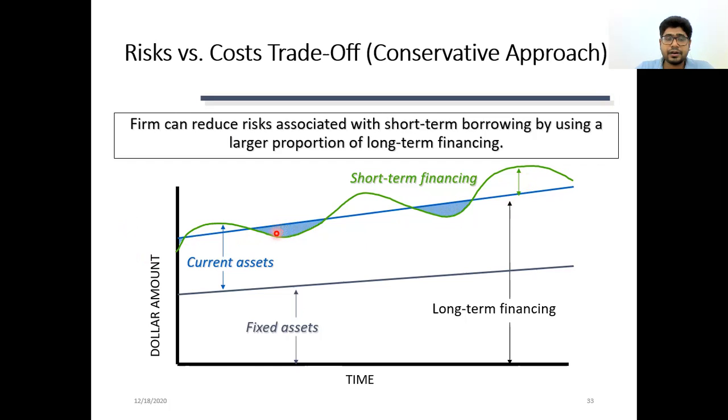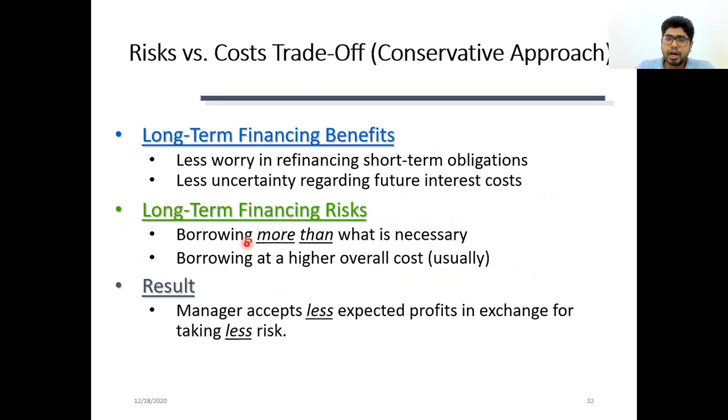So they are getting funds from the long-term financing mode, which is all the time associated with a high cost of capital, but we are investing here in the short term. So it means borrowing more than what is necessary and at a higher overall cost usually. The result is the manager accepts less expected profit, because it will severely impact ROI. The manager accepts a lower expected profit in exchange for taking less risk.